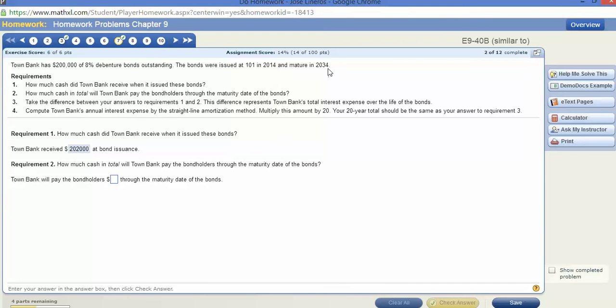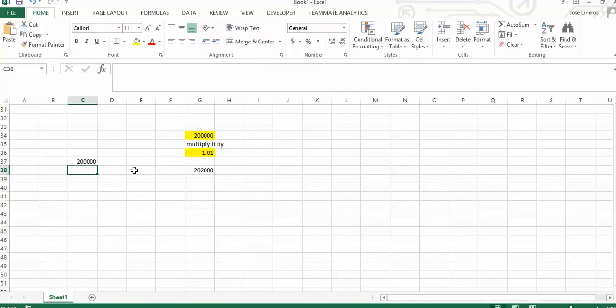From 14 to 34 is 20 years. So we're going to pay $16,000 20 times. Okay, so we're going to pay $16,000 times 20 years. In other words, we're going to do this 20 times. Remember, all interest rates are expressed in years. So we're going to take 16,000 and we're going to do that 20 times. That's $320,000.